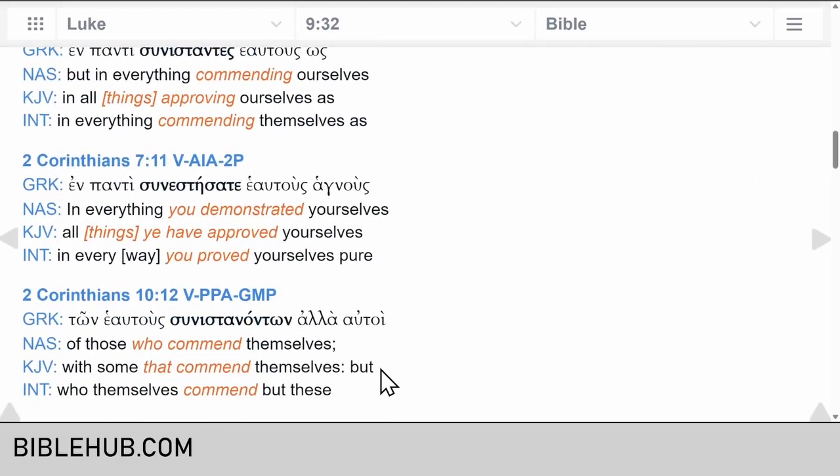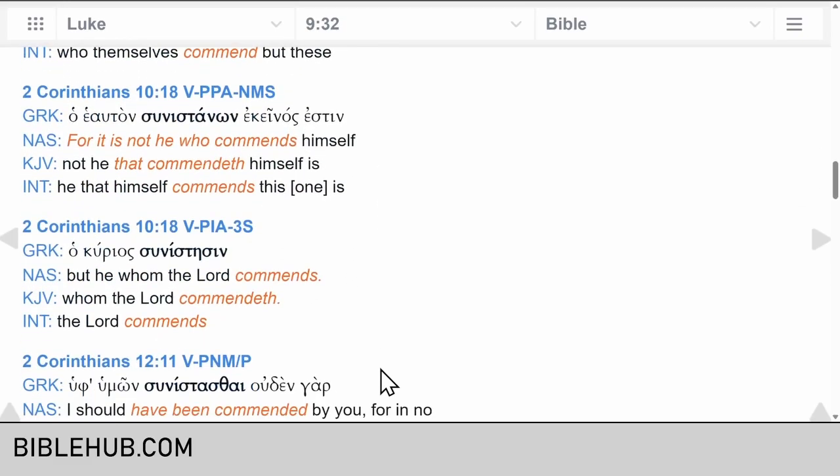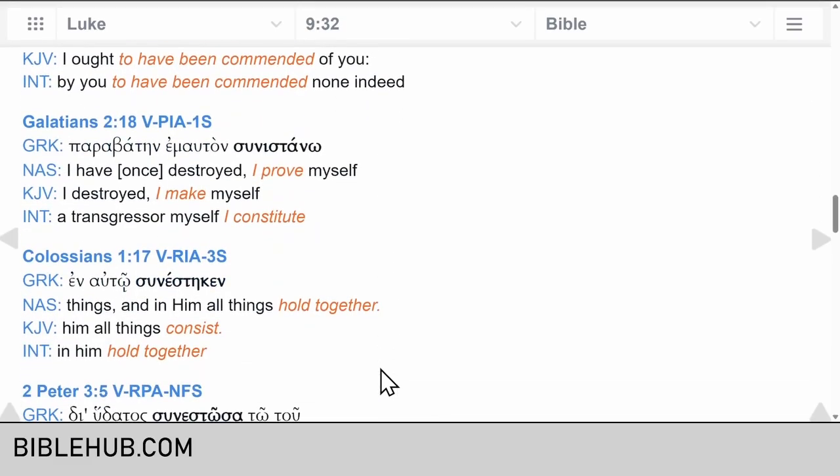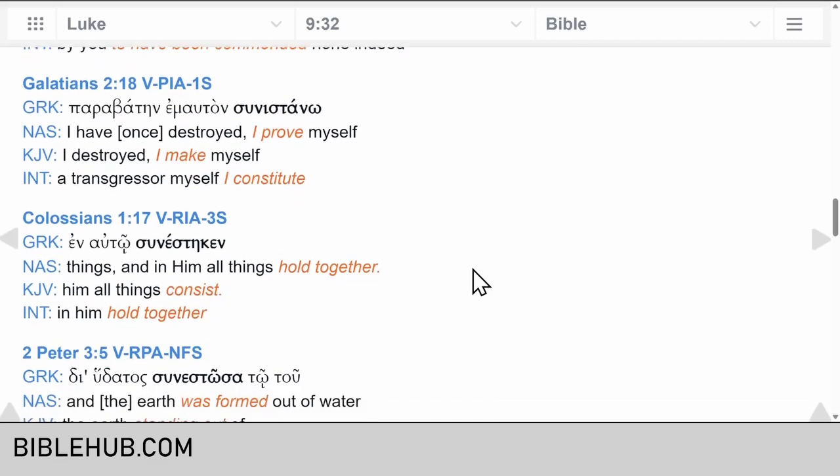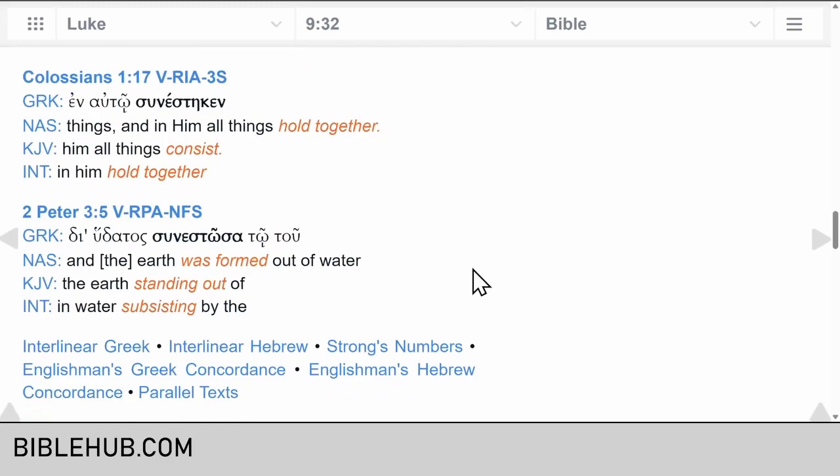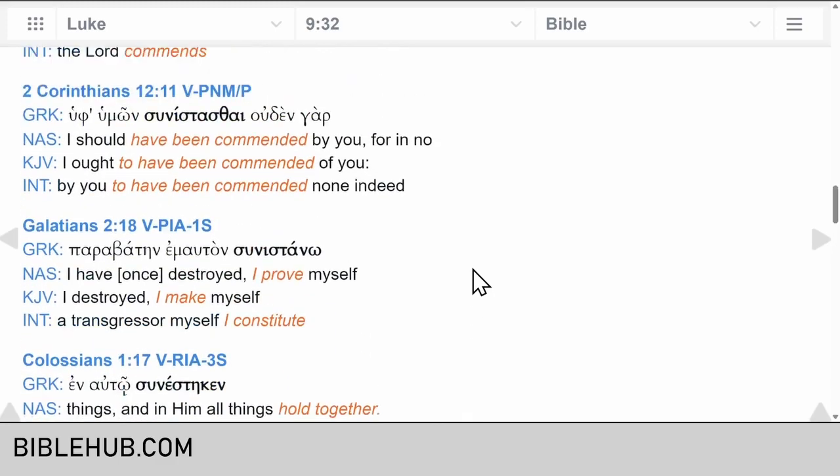Because this is Greek, we're restricted to the New Testament. If we were looking at a Hebrew word, it would be the Old Testament. But the same type of tool is available here for the Old Testament in Hebrew as well.